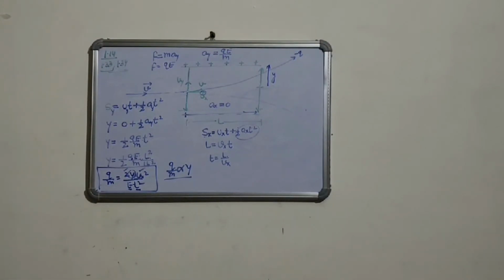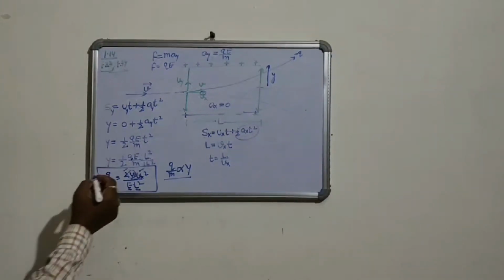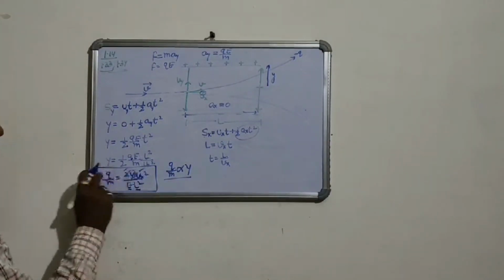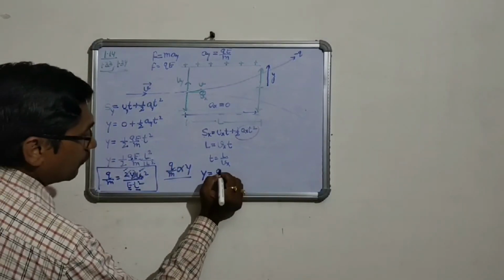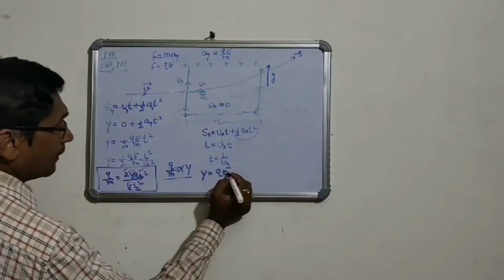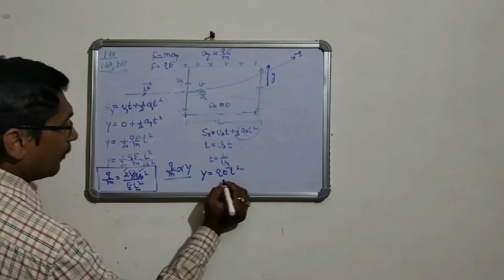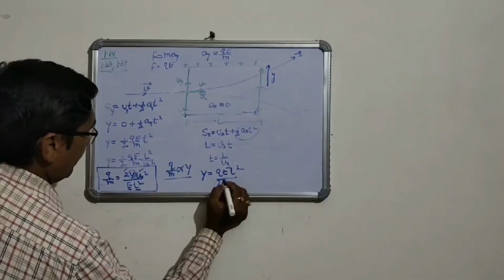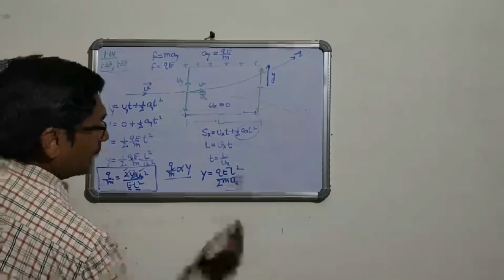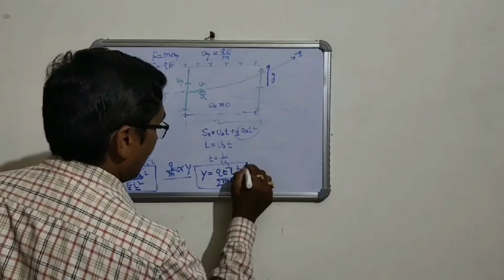The question asks for the value of y, so we can write y equals QEL square upon 2mVx square. This is the expression of y.